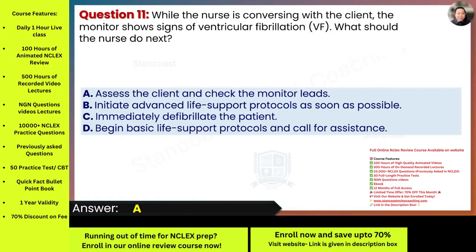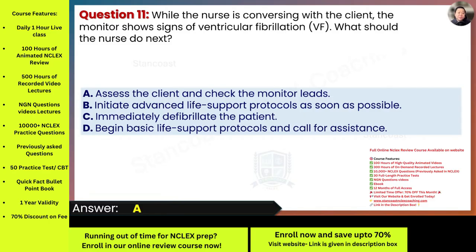Why is this incorrect? We know that defibrillation is the definitive treatment for ventricular fibrillation, but it should only be administered if the nurse is sure that the patient is indeed having ventricular fibrillation. Given that the patient is still speaking and appears to be alive, it's unlikely they are experiencing true ventricular fibrillation.